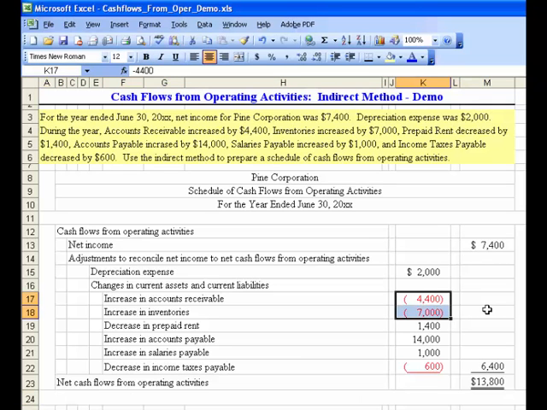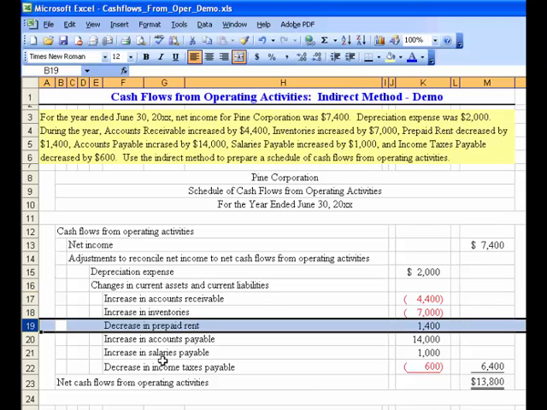We had an increase in AR and an increase in inventories. Now, when we have a decrease in assets, and I'll highlight row 19, you see that prepaid rent decreased. That results in a positive adjustment to our adjustments to reconcile net income to net cash flows from operating activities.